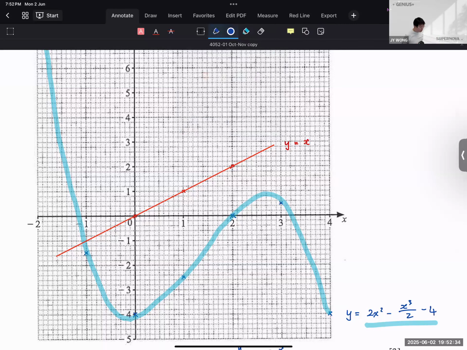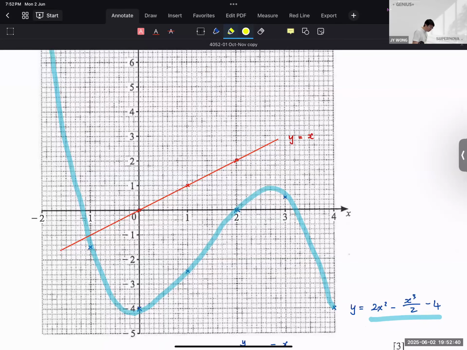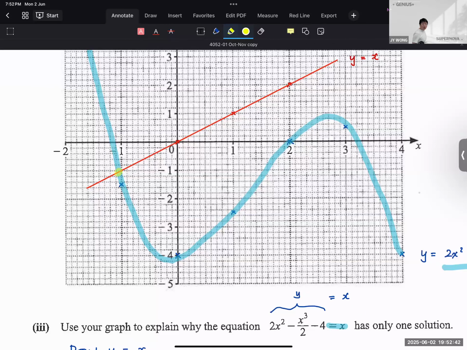So using this, how do I tell that there's only one solution? Remember, when you're talking about intersection of lines, right? The solution refers to the number of intersections. So if I draw the line y equals to x here, what do you realize? How many intersections? Only one.